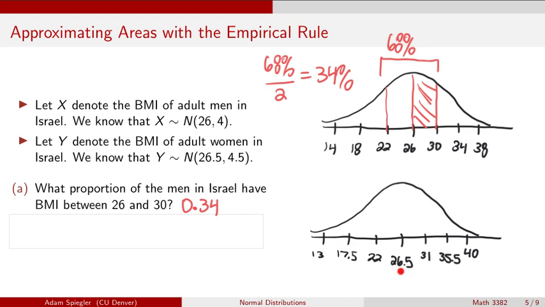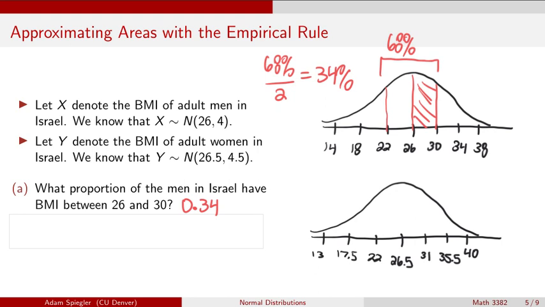Here the mean is at 26.5, and every time we go up a standard deviation, we go up by 4.5 BMI units. And every time we go down by one tick, one standard deviation, we're going down by 4.5 BMI units.